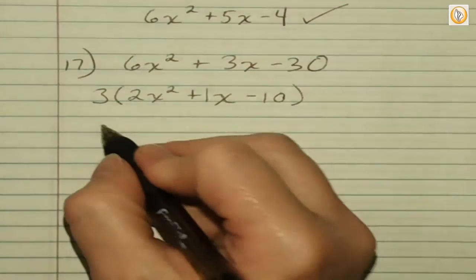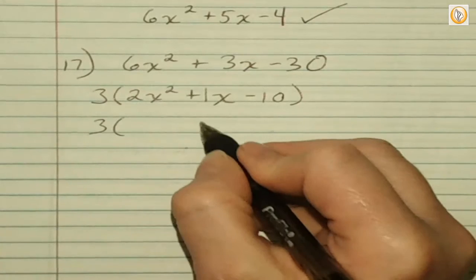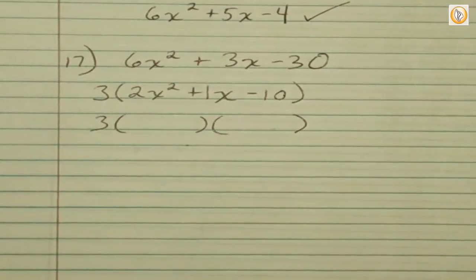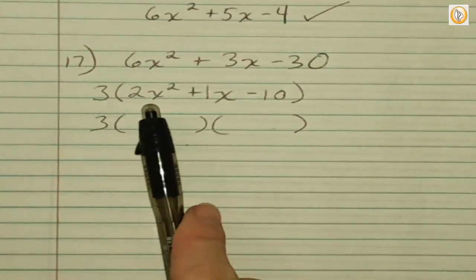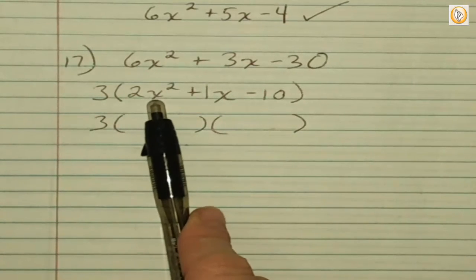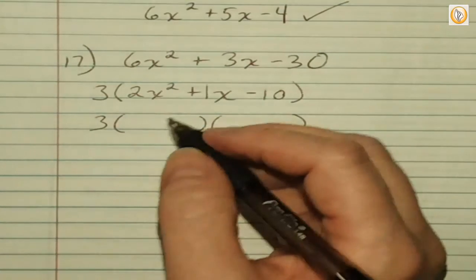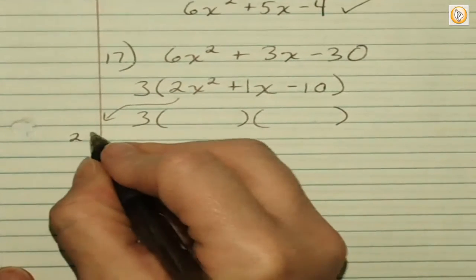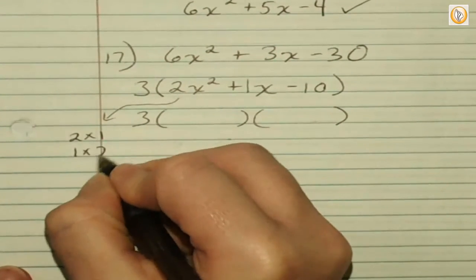Now we're going to factor these out. What are we factoring here? It's just going to be 2 times 1 or 1 times 2.